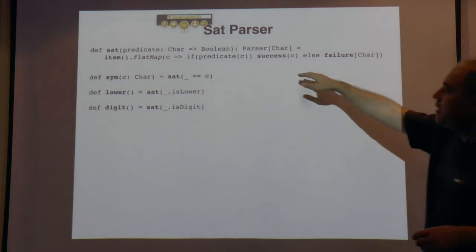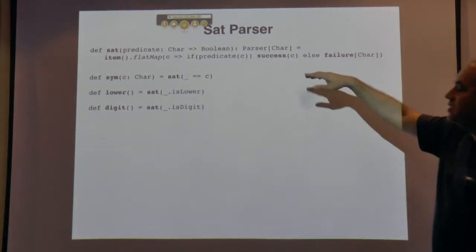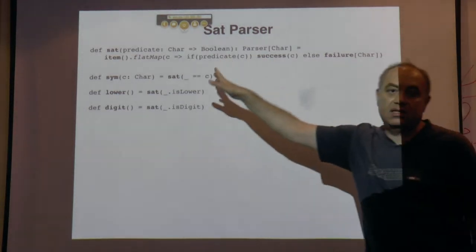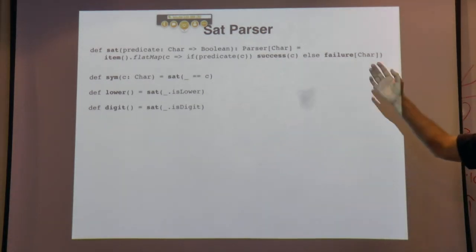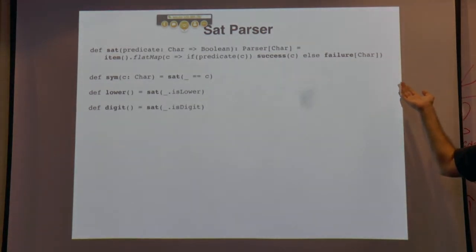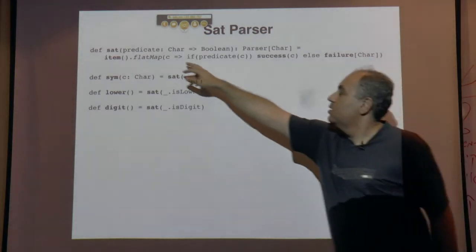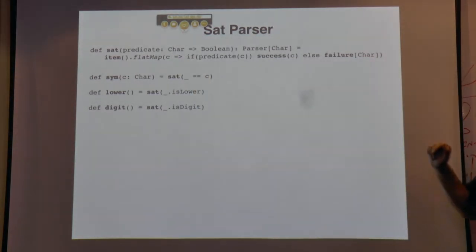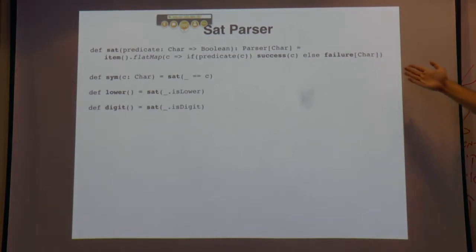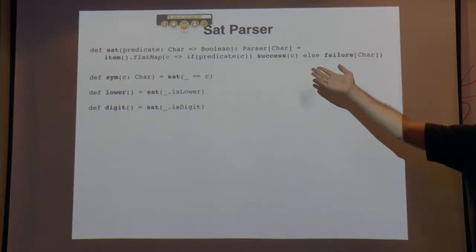Okay. Let's look at this parser. This function sat creates a new parser which uses this predicate. Can you tell me how it works? What does it do?